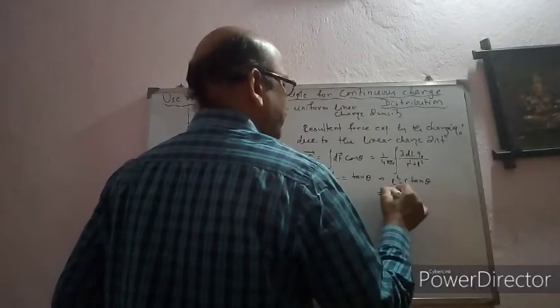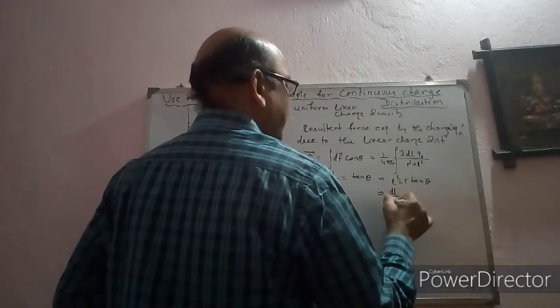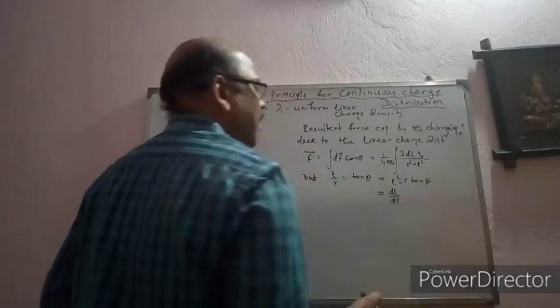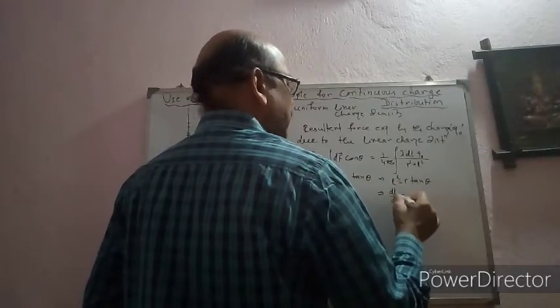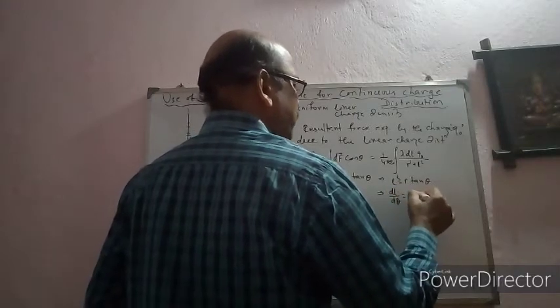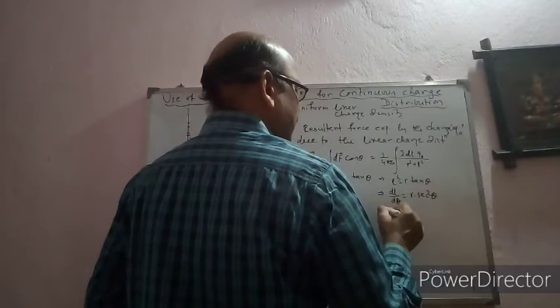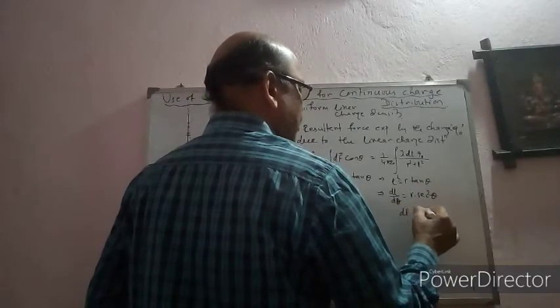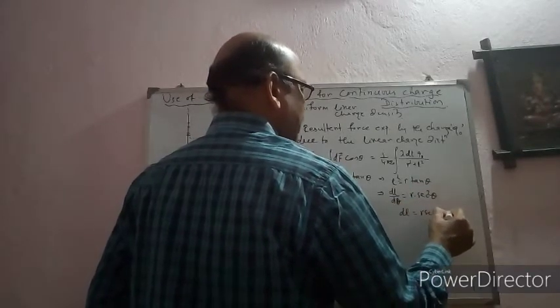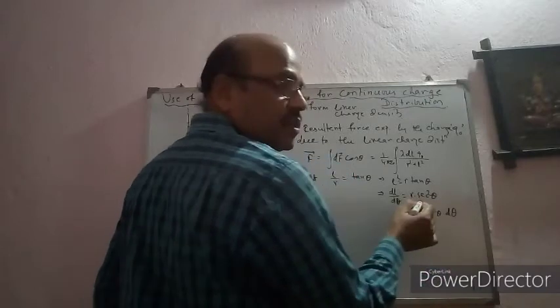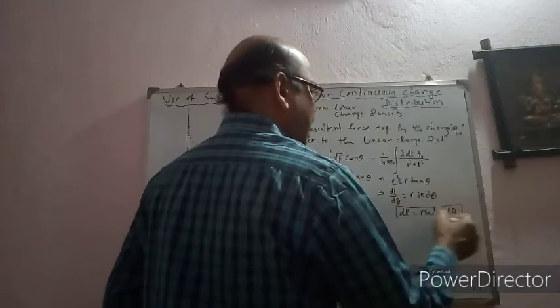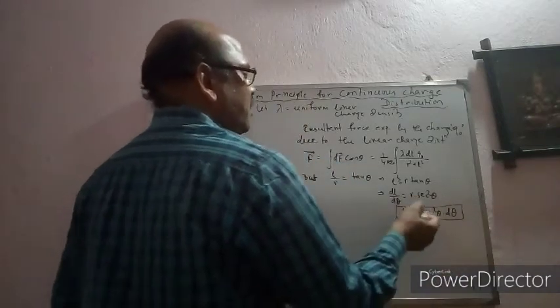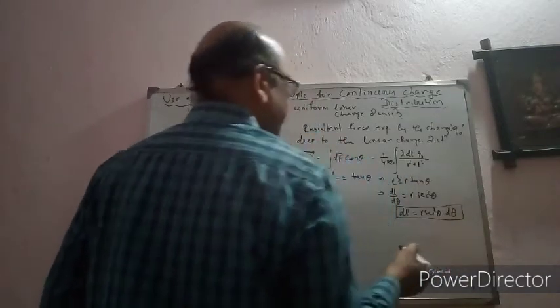This implies dL by d theta is equal to R sec square theta. Therefore dL is equal to R sec square theta d theta. This differentiation is known to you from class 11. So dL is equal to R sec square theta d theta. Put the value of dL and let us put the limits.